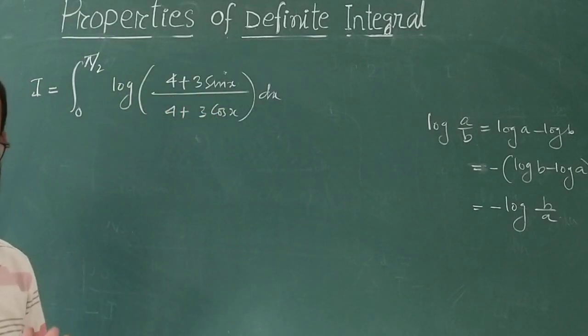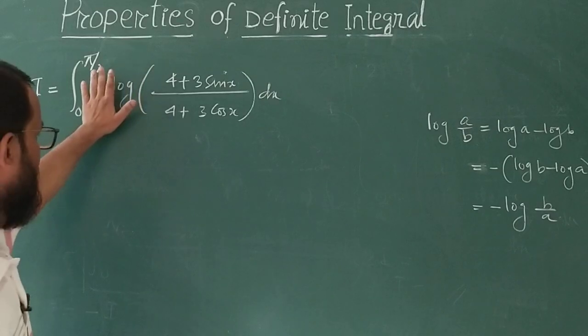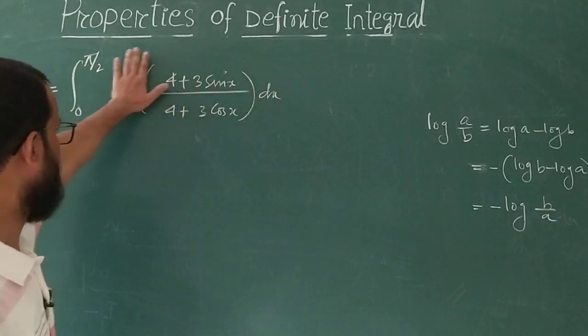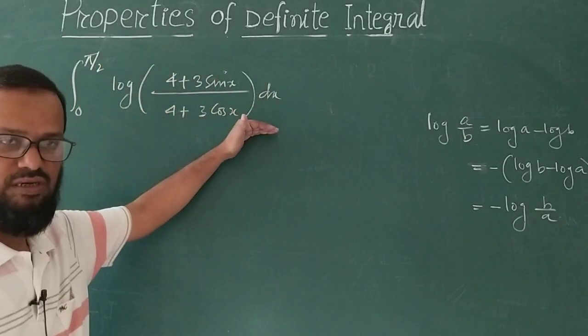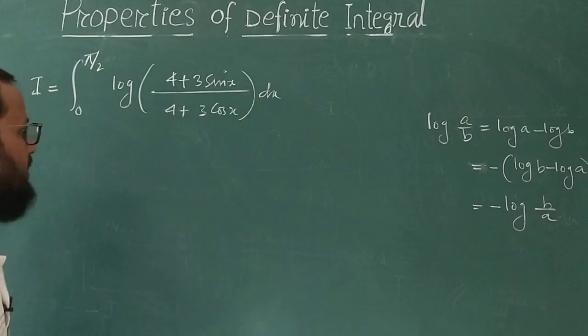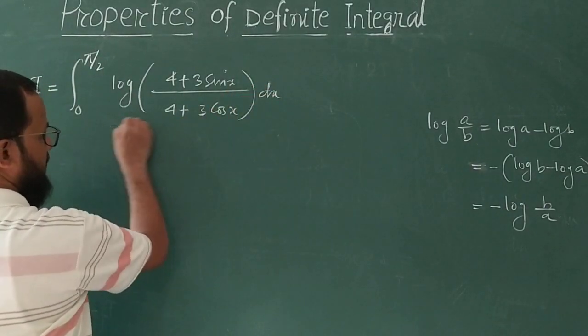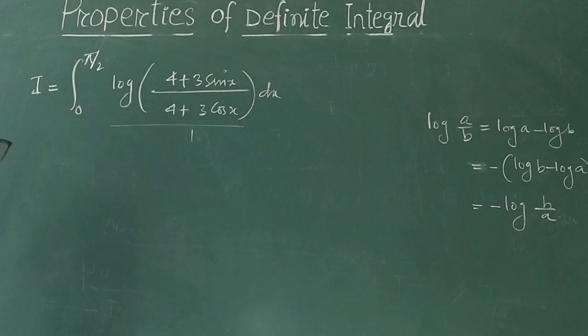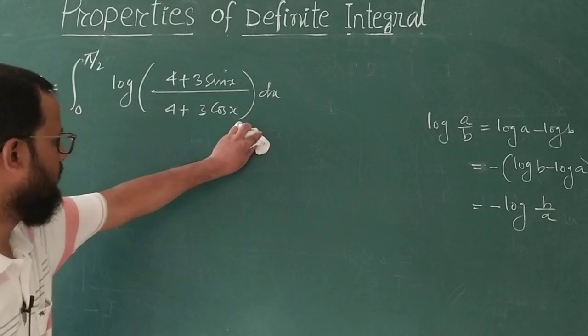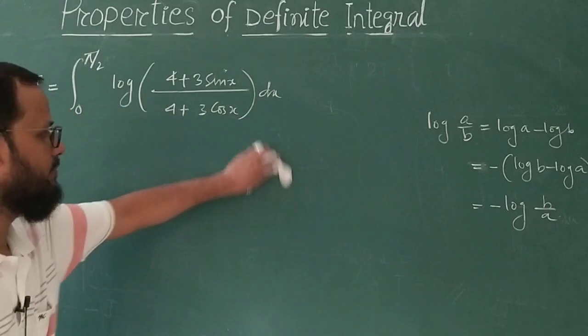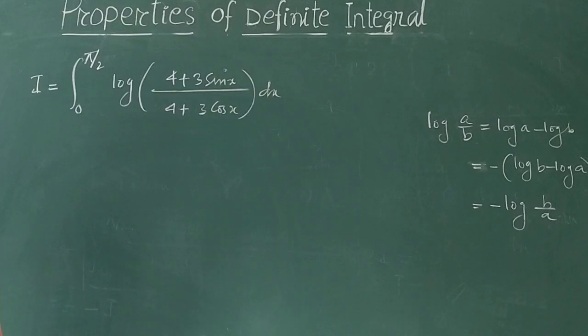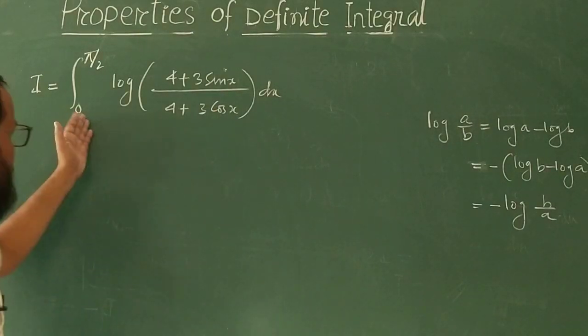Our focus is not the inside part; our focus is the whole term, the log of this. Is there any denominator below it? No, this whole thing is one term. Sometimes, without discussing the denominator, we can also apply the property.